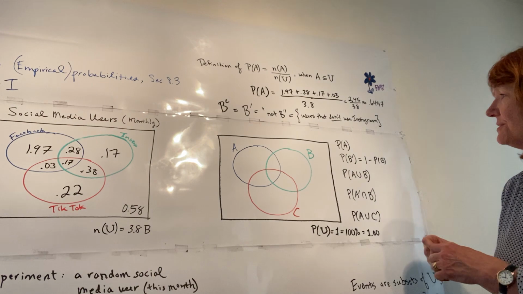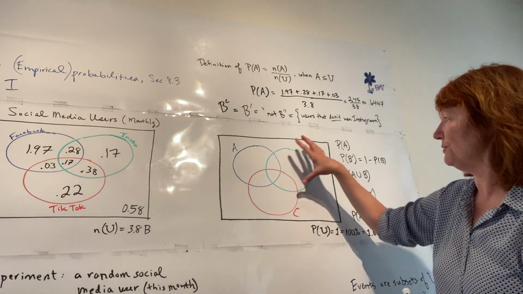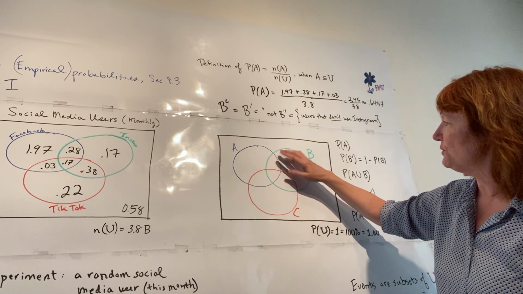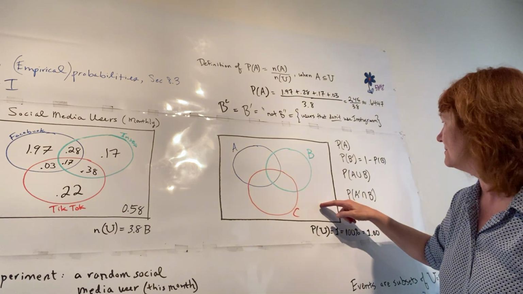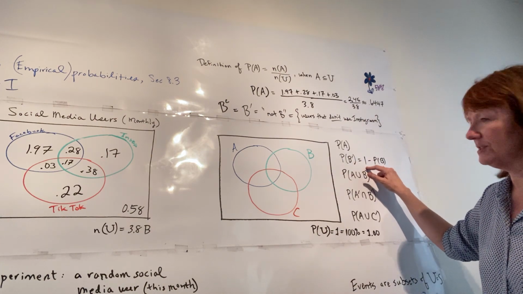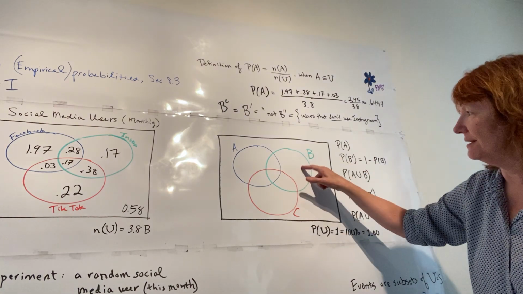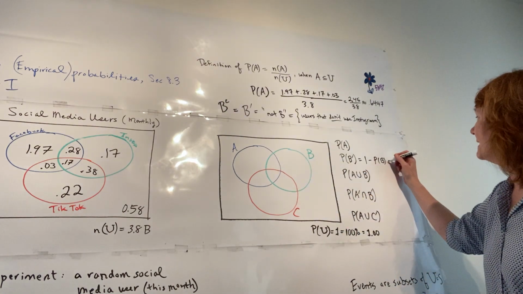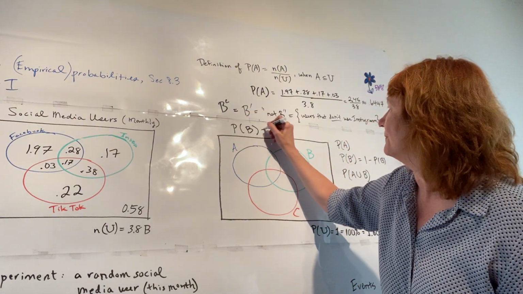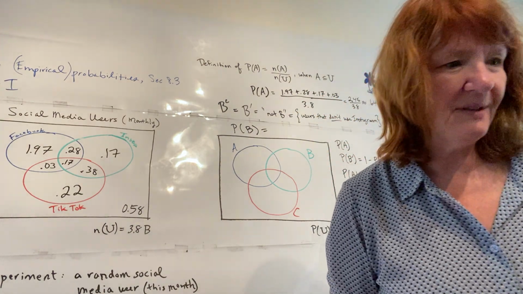Well, if we're trying to figure out the probability that a randomly picked user is going to fall within this green circle, that means we need to exclude all those other counts. That would be the same thing as taking 1, which is the total probability, minus the probability that they're just in B. If the probability of B is computed in the same way, you can figure that out.